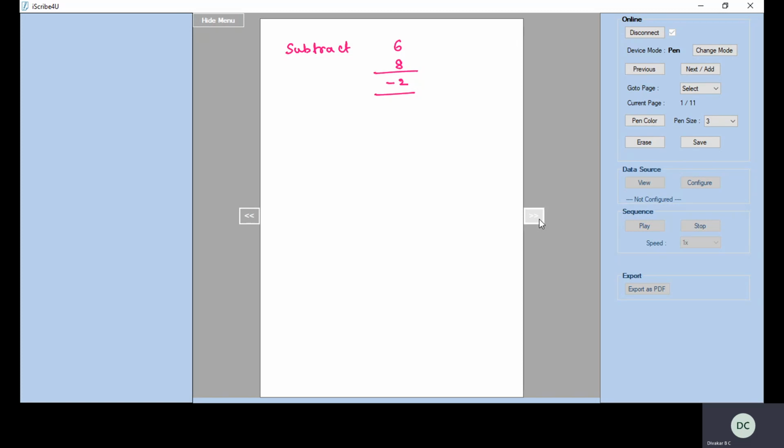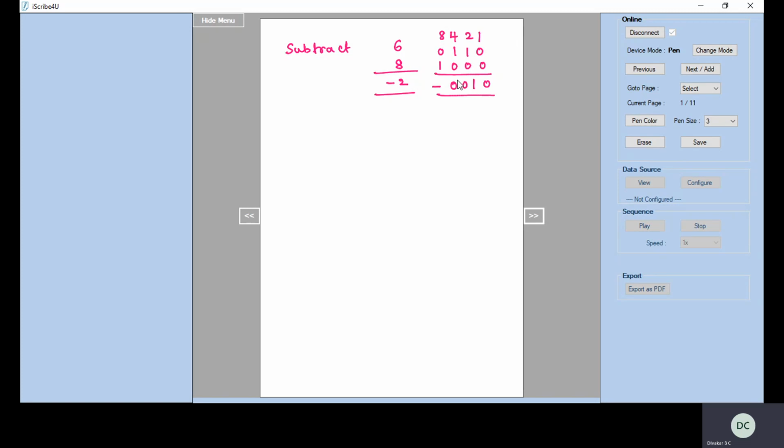You cannot represent this by a 3-bit pattern, so you represent it using the 8421 code. 6 is 4 plus 2, so write 0110, and 8 is 1000. So the answer, minus 2, is minus 0010. This is the equivalent.